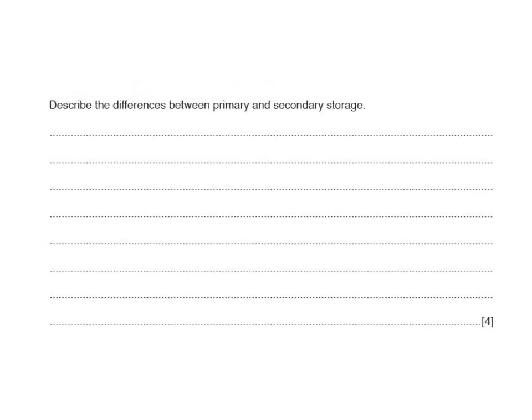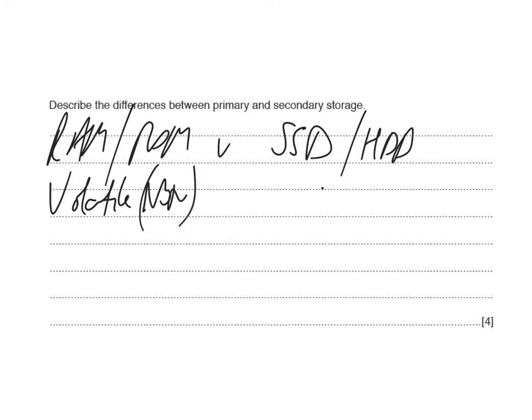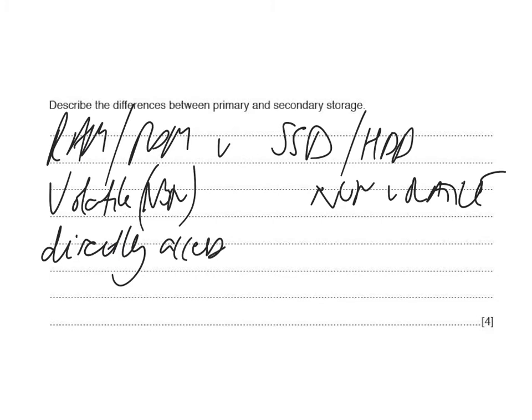Differences between primary and secondary. So RAM, ROM, the SSD, and the HDD. That's a mix of volatile and non versus non-volatile. Directly accessed versus not directly accessed. What else?